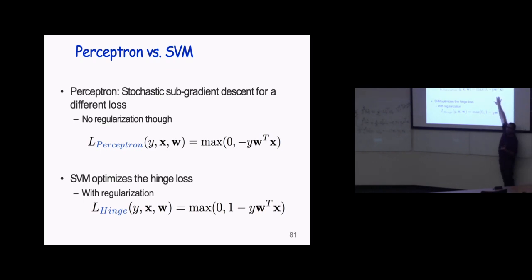There is no W square minimization. We are just minimizing this in perceptron with no margin, just the empirical loss, right? But here, we are maximizing with respect to a margin and with a regularization. That's the connection between the loss function of perceptron and the hinge loss function in SVM.